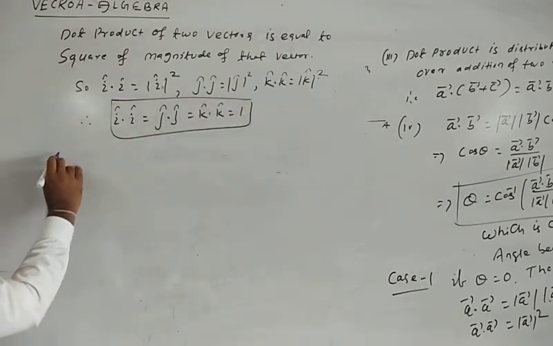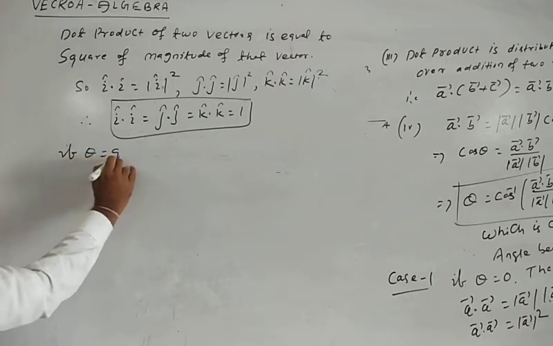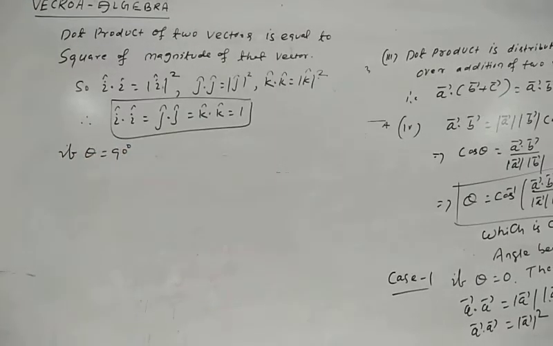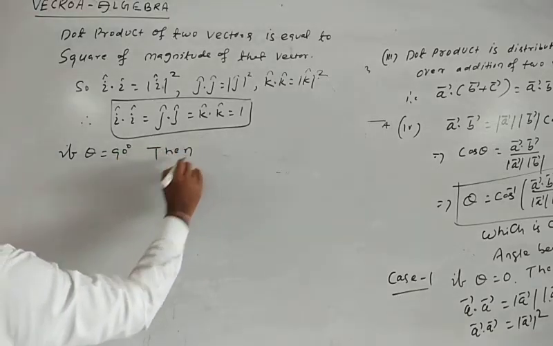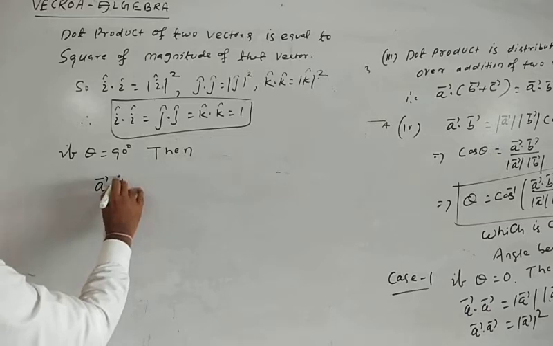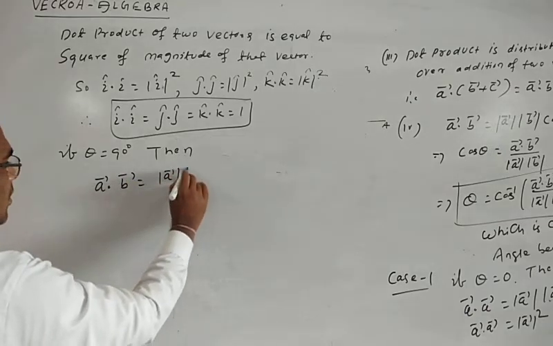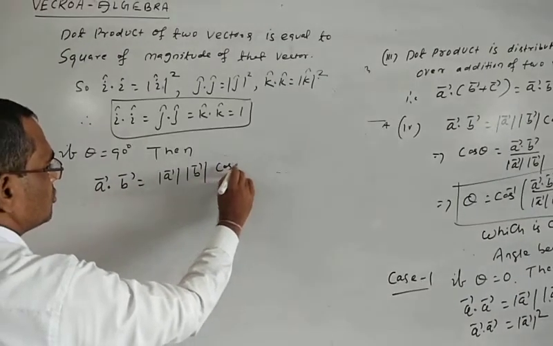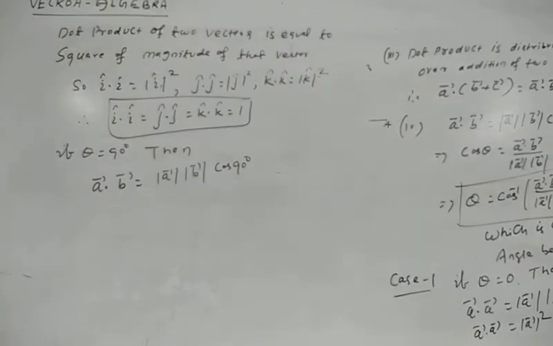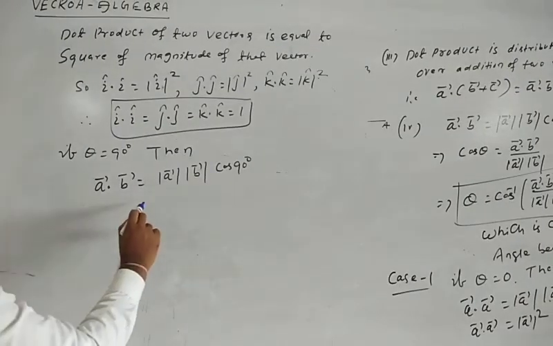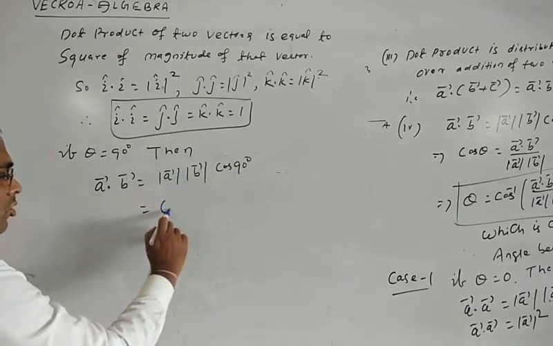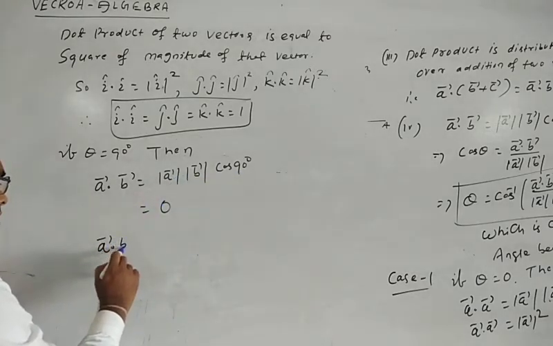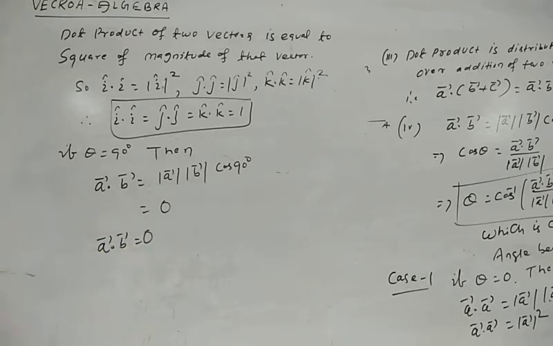Next, if theta equal to 90 degree, then two vectors are perpendicular, then A vector dot B vector is equal to A vector magnitude B vector magnitude cos 90 degree. But you know cos 90 is equal to 0. So this is equal to 0 into something, 0. That implies A vector dot B vector is equal to 0. So if dot product of two vectors is 0, then these two vectors are perpendicular.